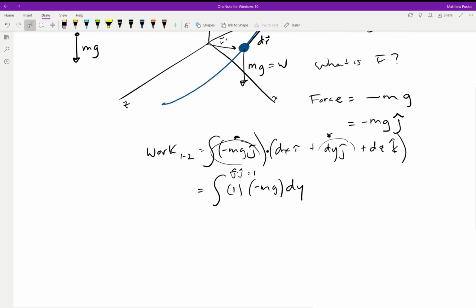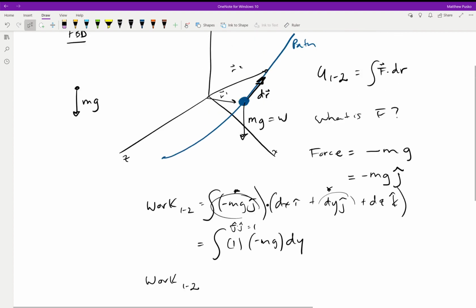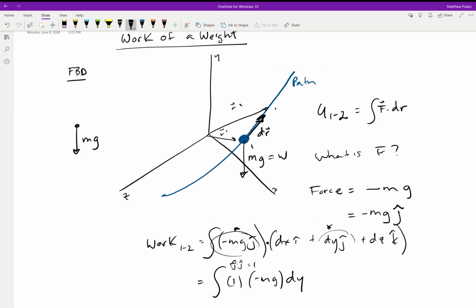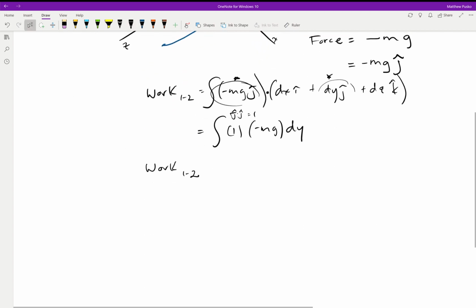So we can say the work from 1 to 2 is not dependent upon the x or z motion at all, only the motion in the y direction. So we have a negative mg delta y.